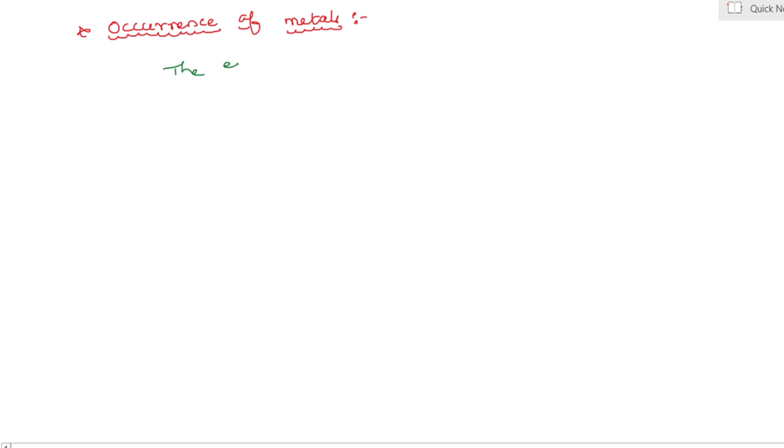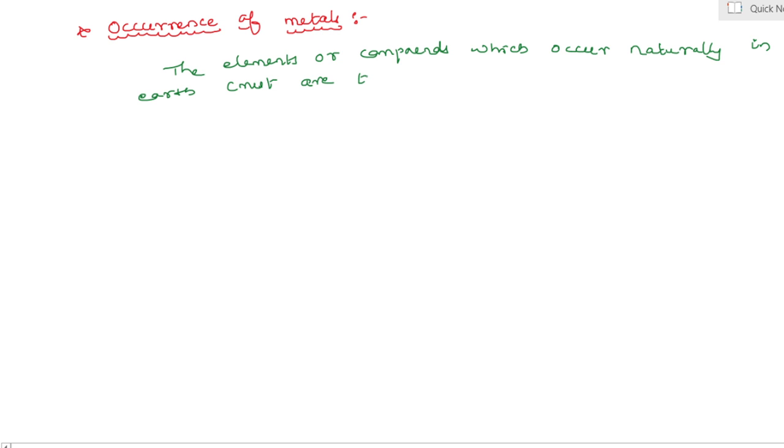The elements or compounds which occur naturally in the earth crust are known as minerals.